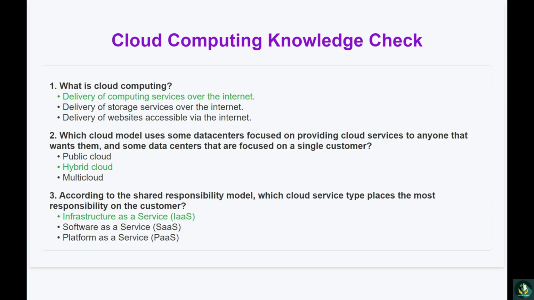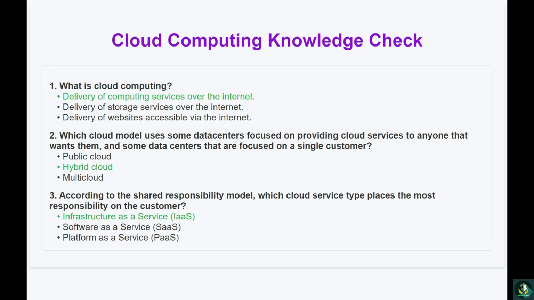In this model, some data centers are used to provide public cloud services available to anyone, while others are dedicated to a single customer, private cloud. This approach allows organizations to leverage the benefits of both public and private clouds, balancing factors such as cost, scalability, and data privacy.